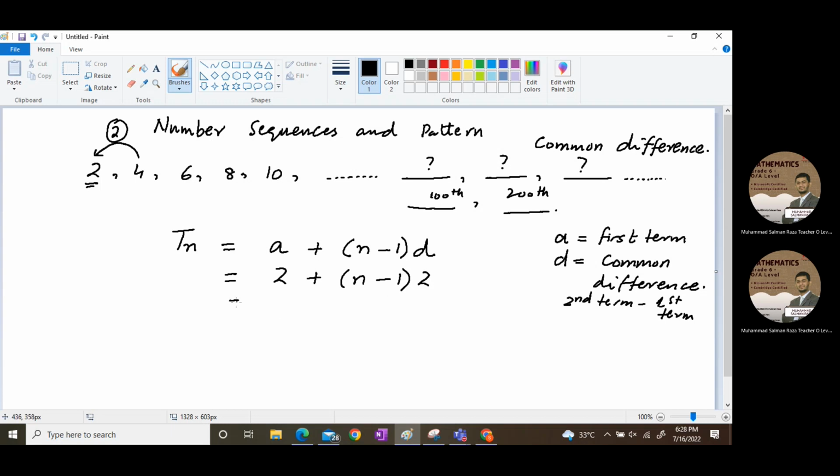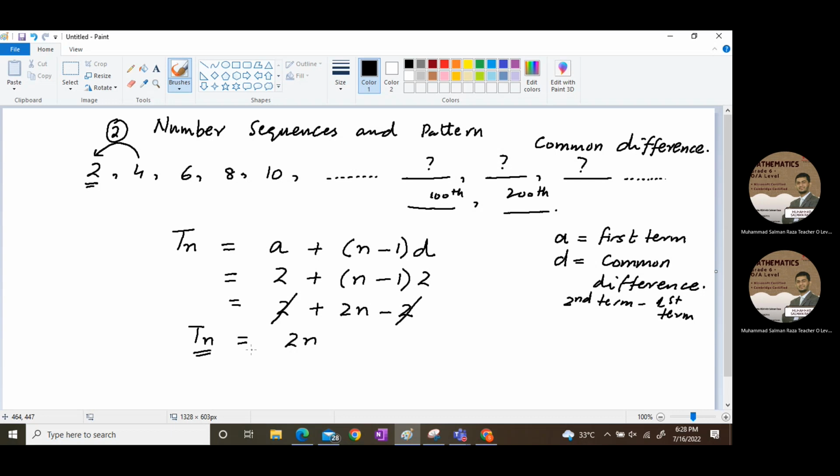So what is it going to become? 2 plus, and then when I multiply 2 times n, it becomes 2n, and then minus 1 times 2 is minus 2. So you can see that plus 2 and minus 2 are going to cancel out. So we have got a formula, in order to find out the nth term, of 2n.